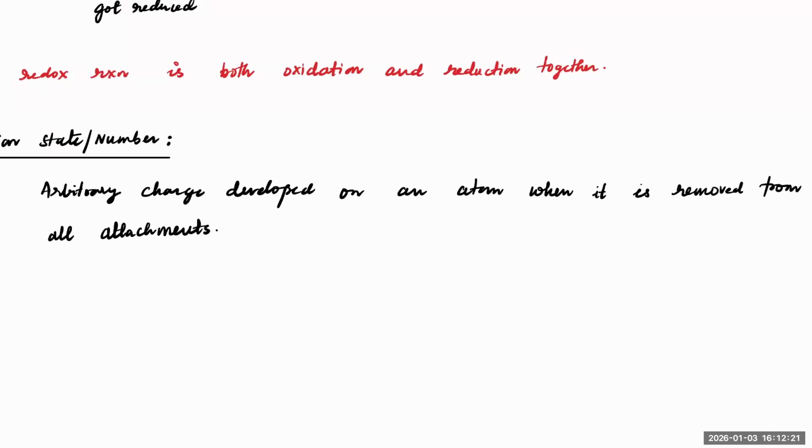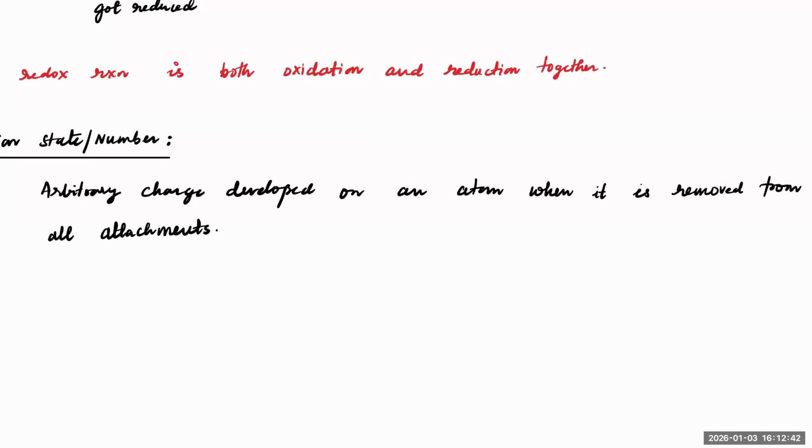When you remove an atom from all its attachments, whatever hypothetical charge is given is called the oxidation state. Sir, does that mean all the bonds are broken? No, we consider it an arbitrary way. That means it is not really happening. That's an easy way of analyzing.